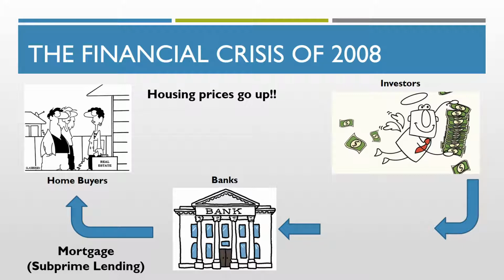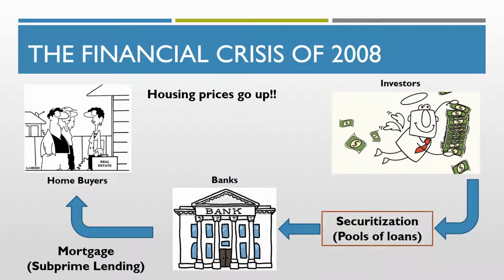So they are approving something we call subprime lending to some very low-qualified buyers. That means at-risk buyers, the people who are very likely to default on their mortgage payments. At the same time, the bank keeps repackaging all these mortgages at a higher risk level and selling them to investors in the markets.